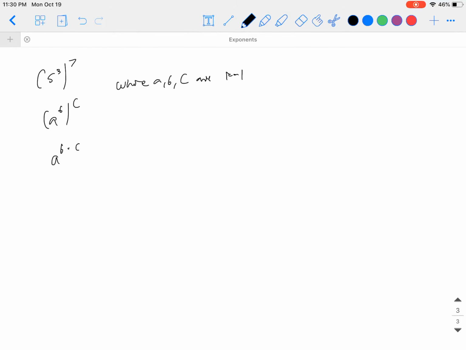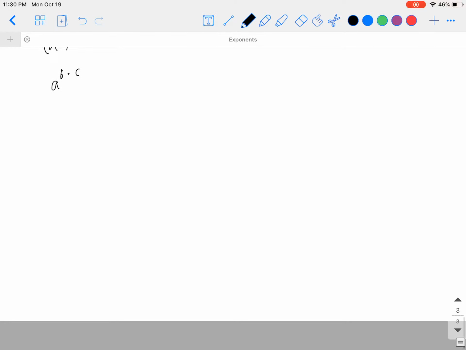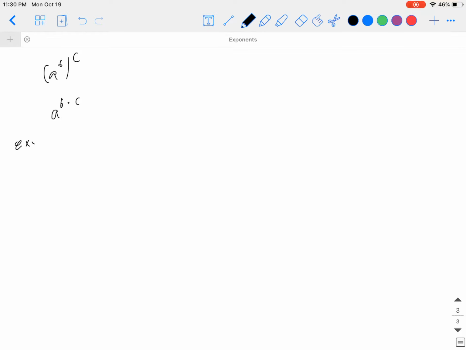So that's all this formula says, and again, it's going to work exactly like you would expect from the past examples. So if we have, as an example, 2 to the 4th cubed, we have a equals 2, b equals 4, c equals 3. So we have 2 to the 4 times 3, which equals 2 to the 12th.